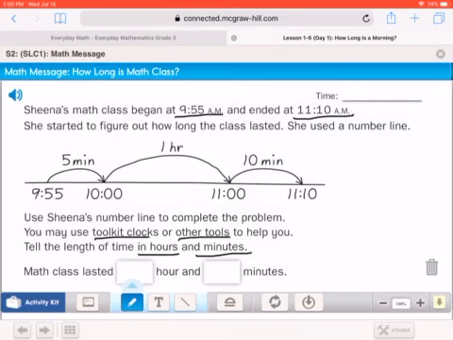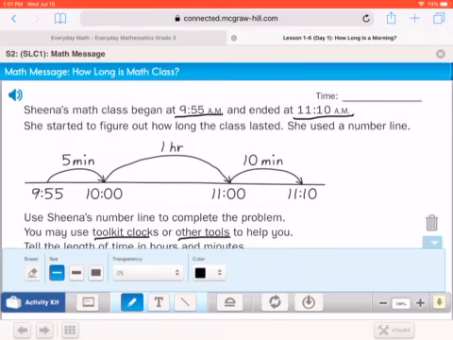Okay, so we're really going to dig into this problem, okay? So the first thing that I want you to do is I want you to underline the important information, okay? So the important information is that class began at 9:55 and it ended at 11:10. Okay?